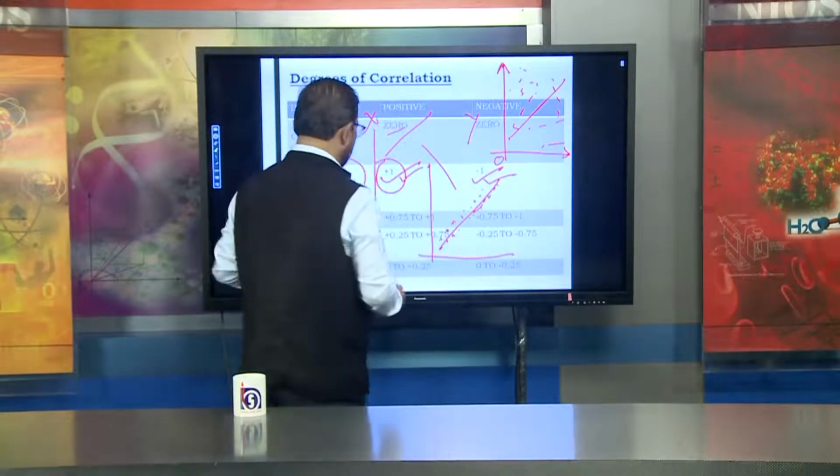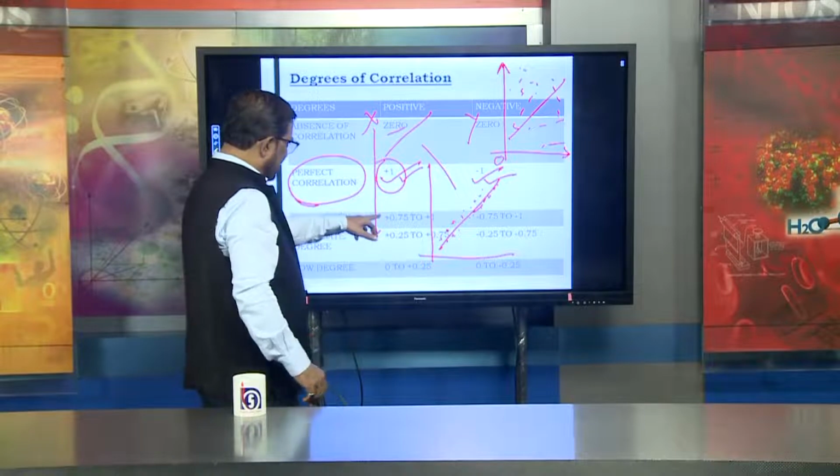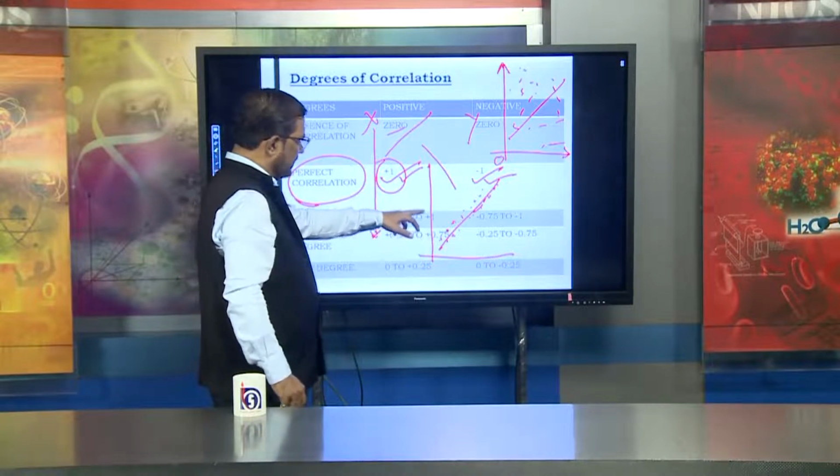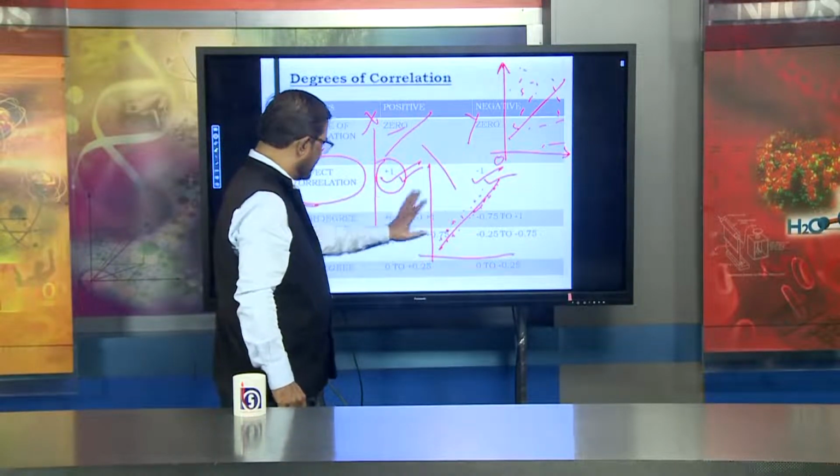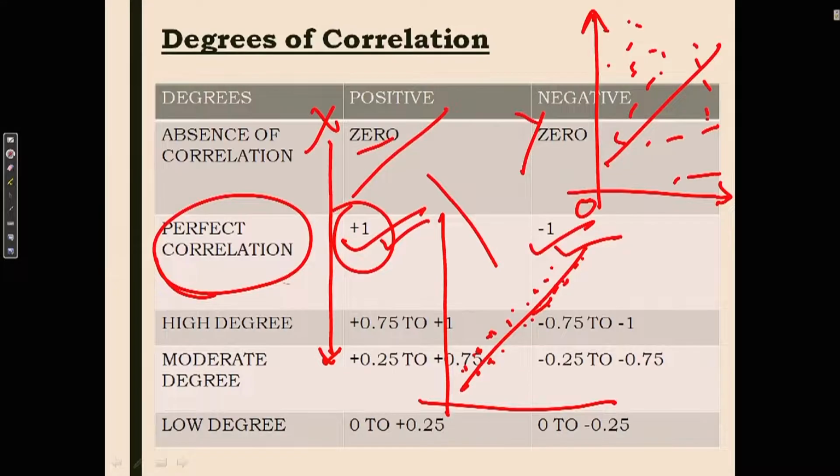Let us move further. Higher degree, that is 0.75 to plus 1, negative 0.75 to minus 1. Moderate, that is 0.25 to 0.75 and negative 0.25 to negative 0.75. And low degree, 0.25 to 0.2, and minus 0.2 to minus 0.25.